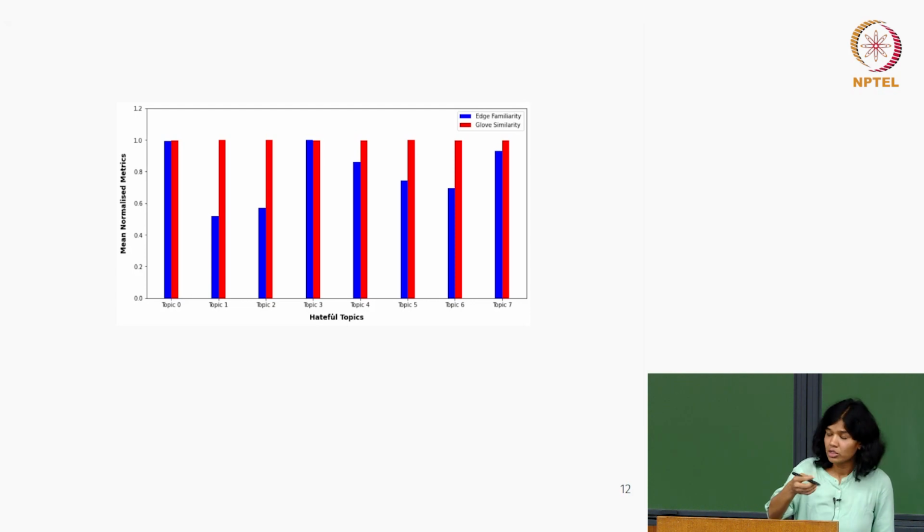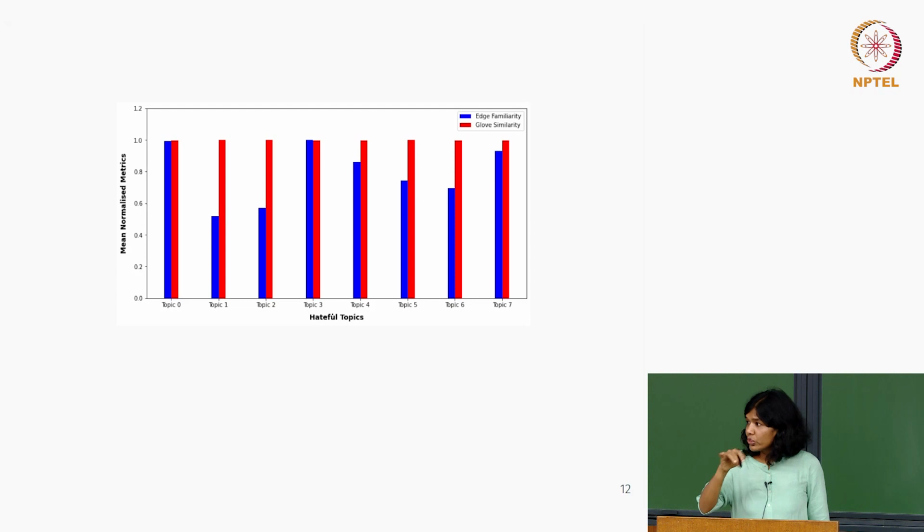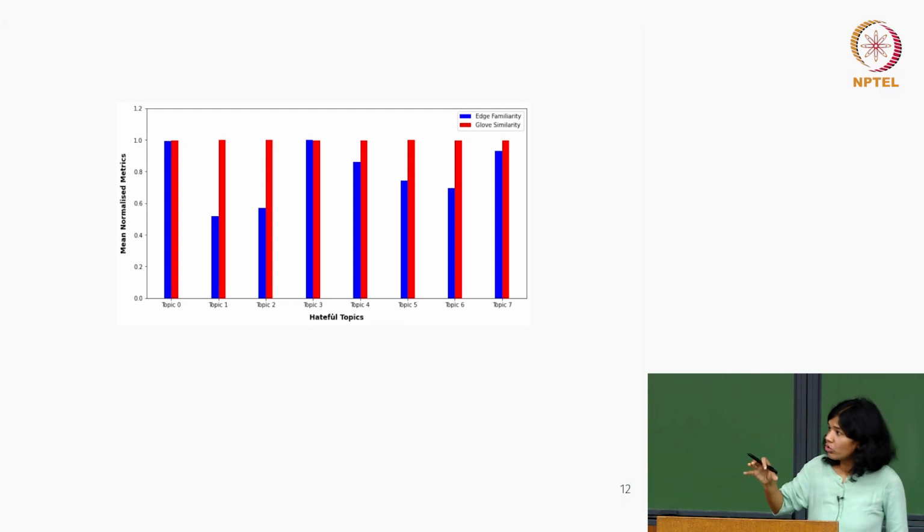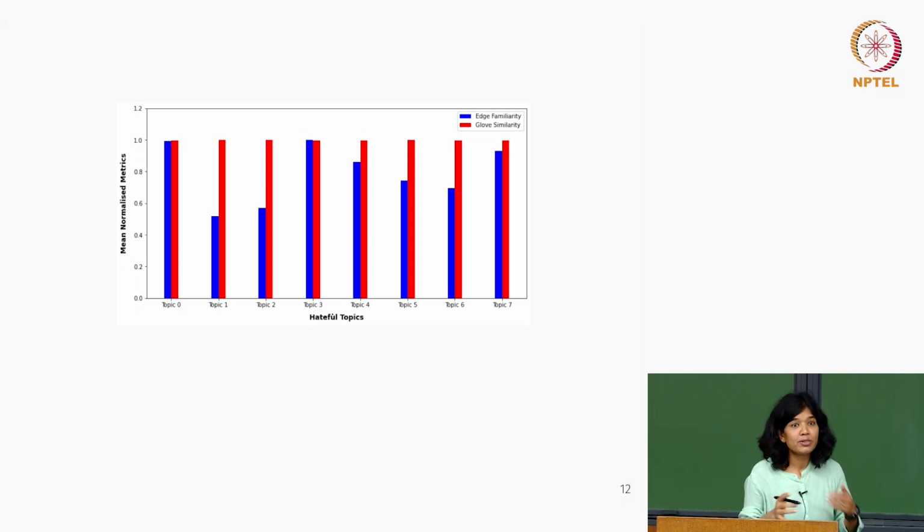So not all hateful tweets should be treated the same. Tweets from different categories of hate should be treated differently, because people have different natures across these hateful forms.